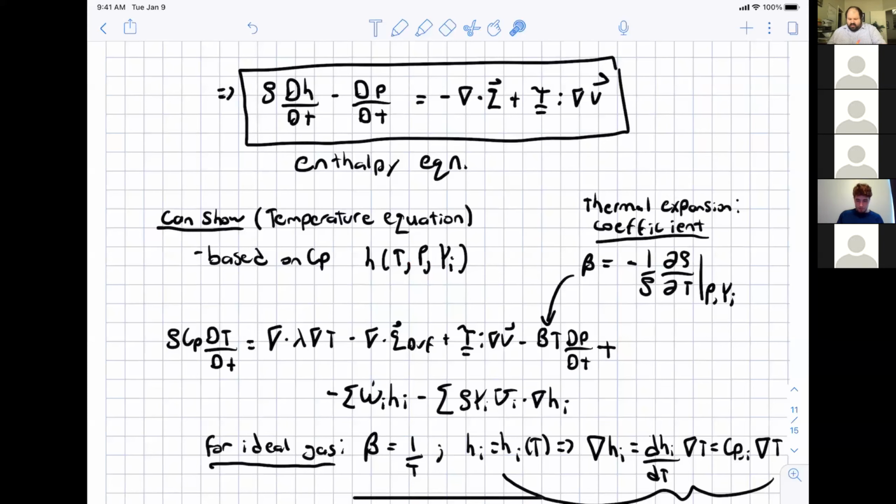Okay, but notice that when you cast this into temperature form, the equation explodes into a huge number of terms. You have a material derivative here, you have heat conduction, Dufour, viscous dissipation, you have this material derivative of pressure multiplied by the thermal expansion coefficient, you have a chemical heating due to chemical reaction.